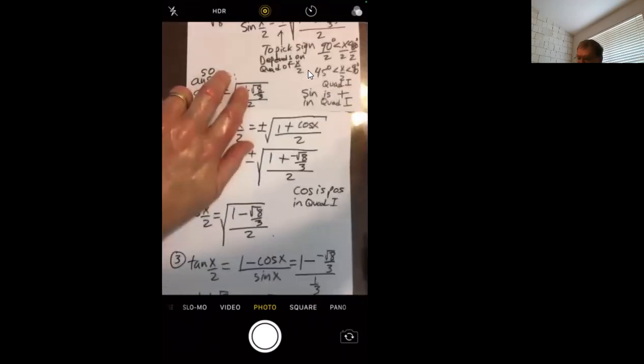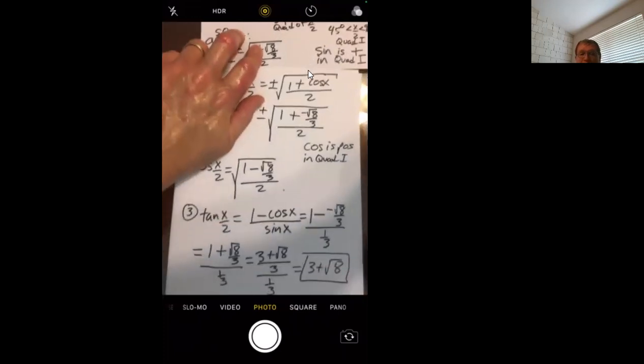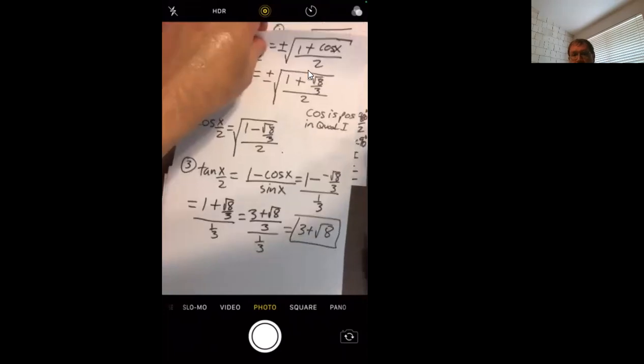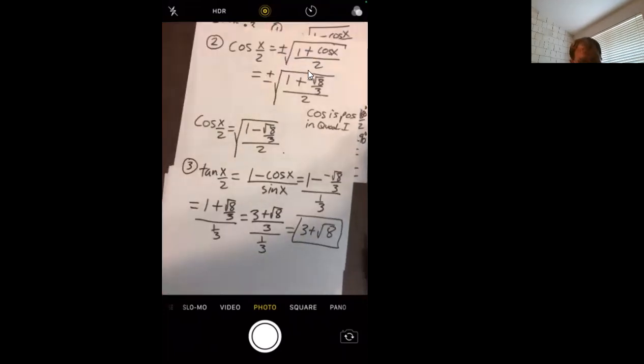So to me, this is much easier. Leave it up for a little bit in case anybody wants to stop on it. All right, so yeah, a bit of a project. All right, we'll keep working our way through.